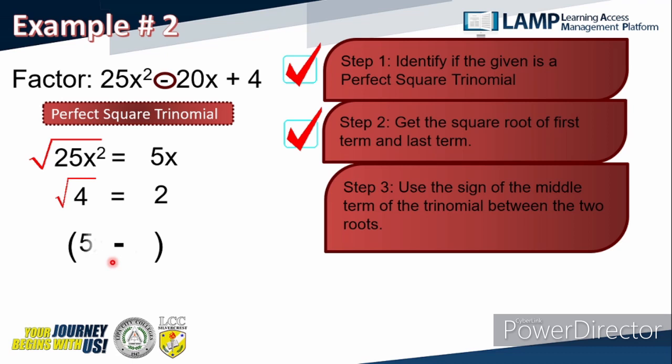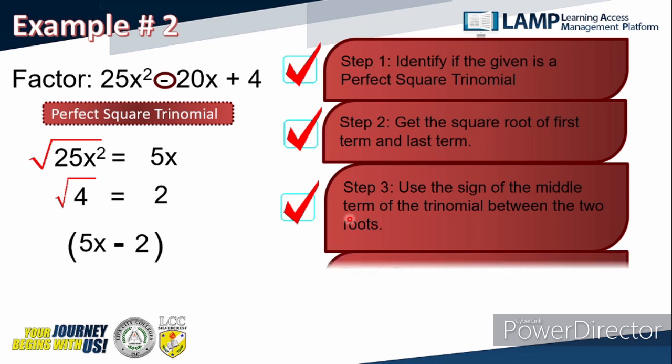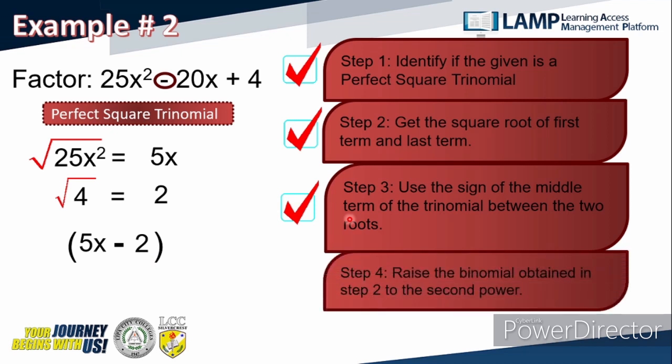Then after, we write the square root of the first term as the first term, which is 5x. The square root of the last term is 2. We're done with step 3. Then the last step is to raise the binomial obtained from step 3 to the second power. In short, we just write squared outside the parentheses.